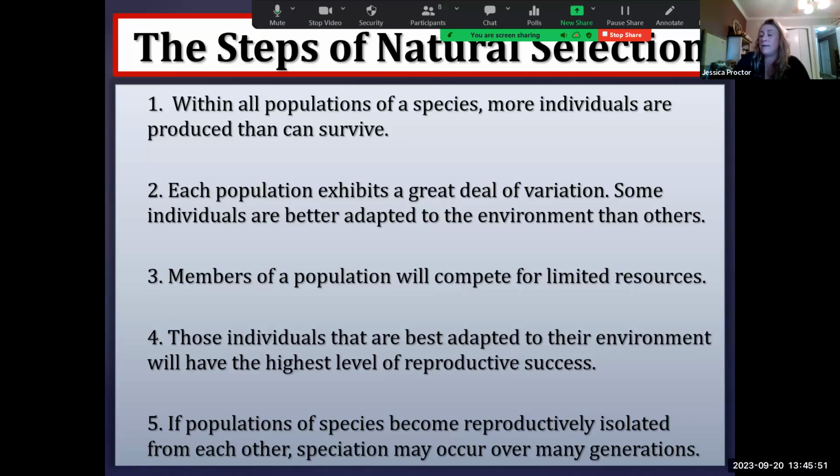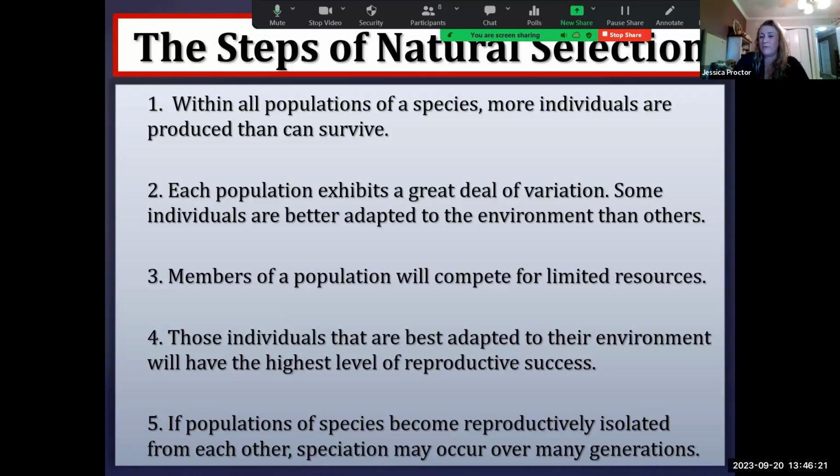But when there's a limited amount of resources, or say there's an environmental event, some sort of drought or famine, or an environmental catastrophe that all of a sudden removes a section of resources or a certain type of resource, and some of those individuals that were reliant upon seeds, for example, find those seeds are no longer available, then either they have to switch resources, or they're going to die out.